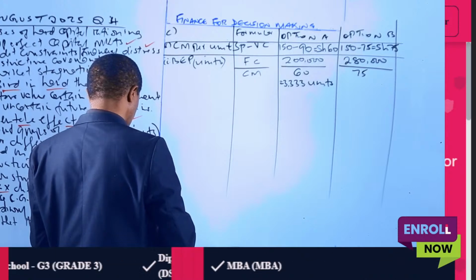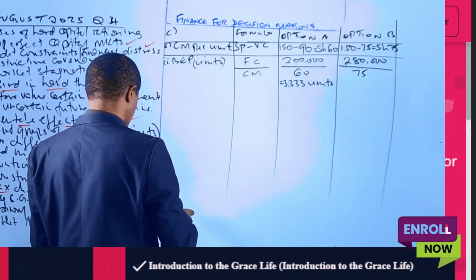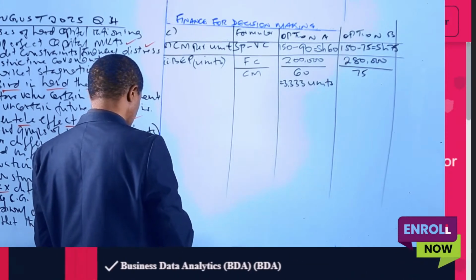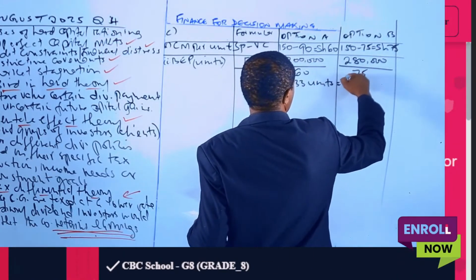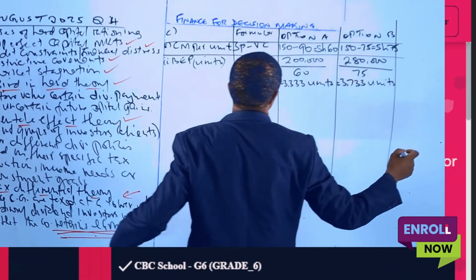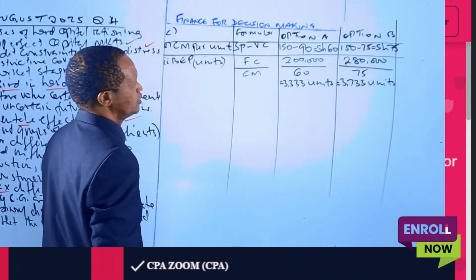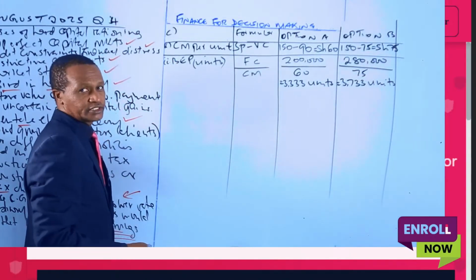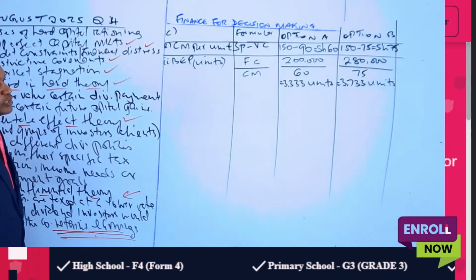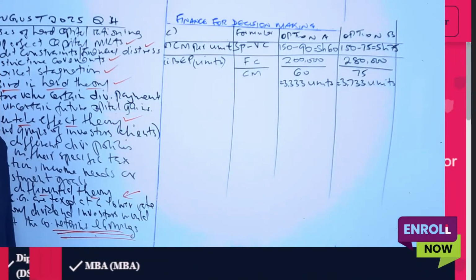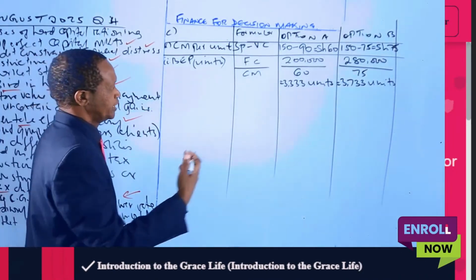I'm getting 3,733 units. To break even, option A requires 3,333 units.